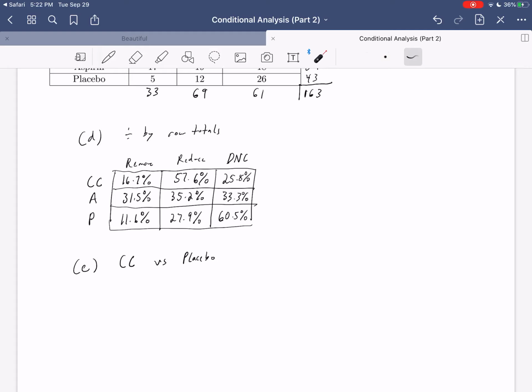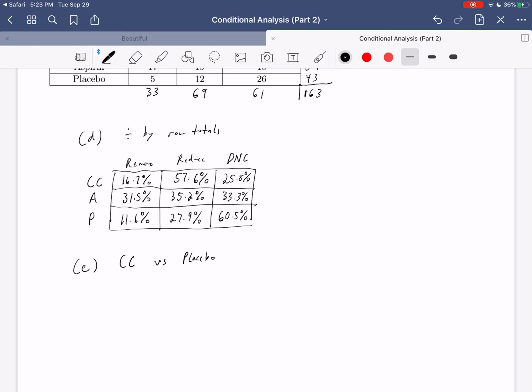Well, if we look here, notice that the percentage of people who had their pain removed by Cheapo Comfort was 16.7 versus only 11.6 for the placebo, so that's a good sign. For reduce, it's even better, 57.6 versus only 27.9. And for do not change, it's 25.8 versus 60.5, which is also a good thing because obviously this is the sort of negative outcome, and there's a lower rate for Cheapo Comfort than there was for the placebo.